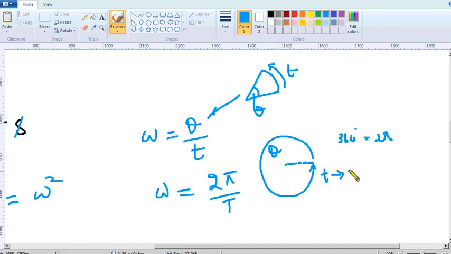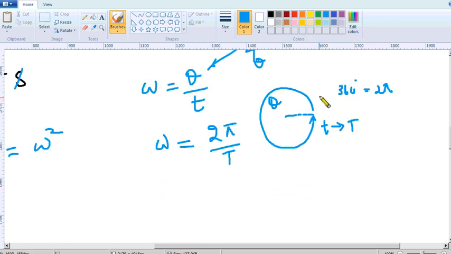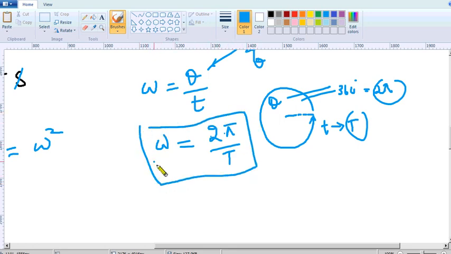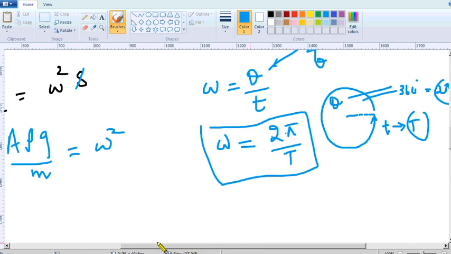It is considered as capital T, that is the period. So when theta equals 2 pi, the time equals capital T. Therefore we can substitute 2 pi instead of theta, and capital T instead of t. So this equation you might remember, you don't have to derive it like this.